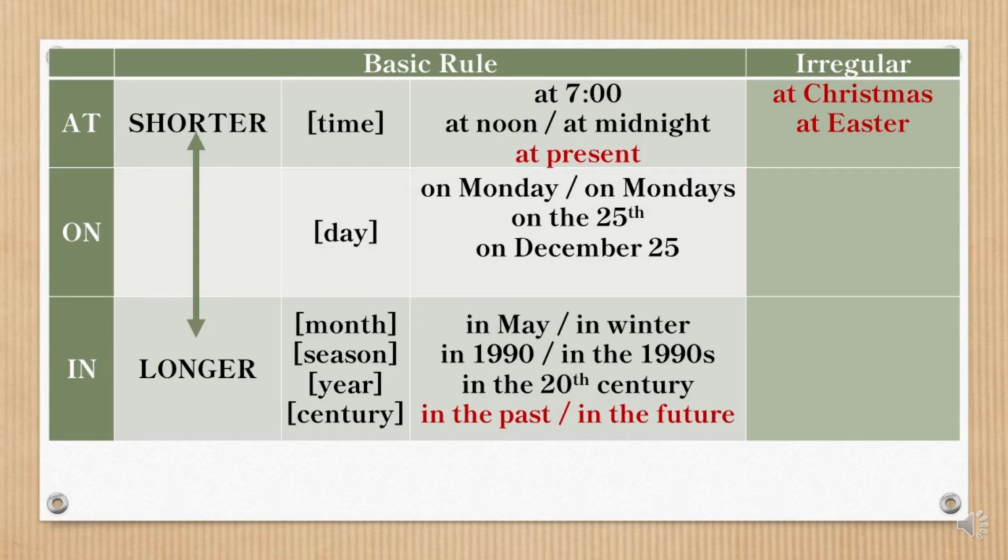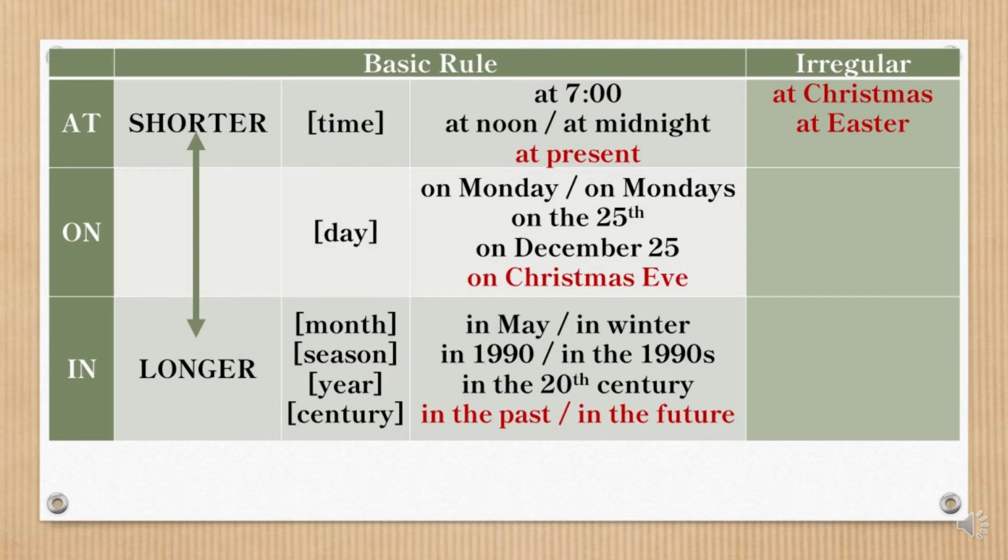So you should say at Christmas in order to refer to the Christmas season. Similarly, you should say at Easter in order to refer to the Easter season. On the other hand, if you refer to a specific day, you can follow the basic rule and use on. So you should say on Christmas Eve and on Easter Sunday.